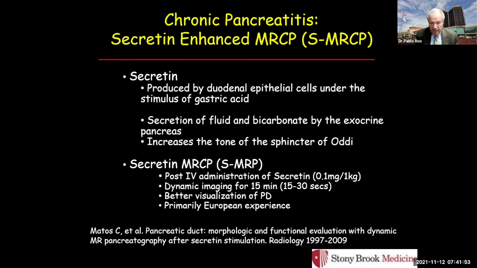And obviously, you can potentially evaluate the degree of chronic pancreatitis because post-secretin in patients that are normal, let's say a young, healthy patient, you will see the rush of pancreatic juice into the common bile duct and the duodenum. In patients that have severe chronic pancreatitis, nothing happens. And the very thin pancreatic duct eventually doesn't move after the administration of secretin.